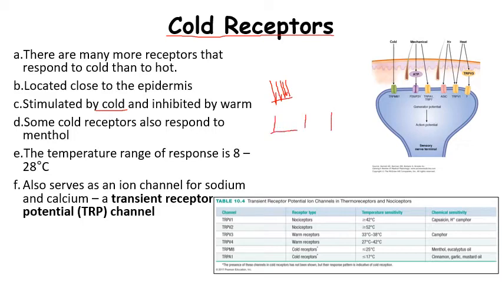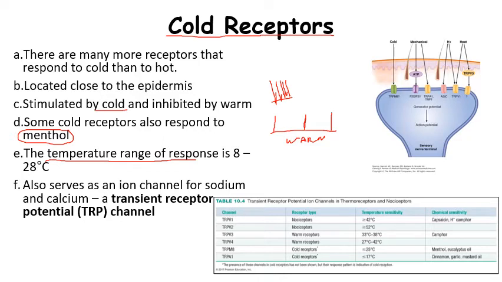So the receptors respond to cold and are inhibited by warm. They also are responsive to, as we saw on the previous slide, menthol. When you have menthol, you feel the feeling of cold, and the temperature range is 8 to 28 degrees Celsius.